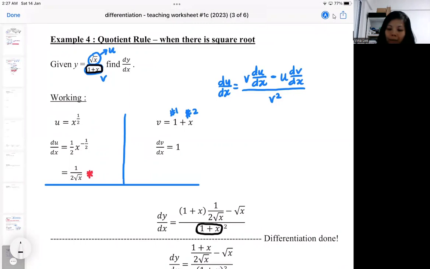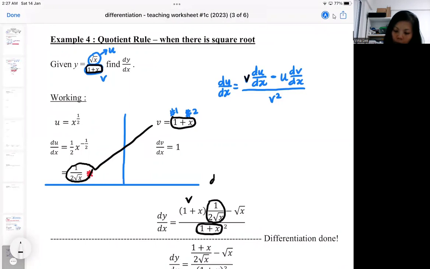The quotient rule starts with v. So you take the function v and multiply by du dx. This is v, and this part here is du dx. And then you subtract u times this. That is the square root multiplied by 1. That's how I got the minus square root.